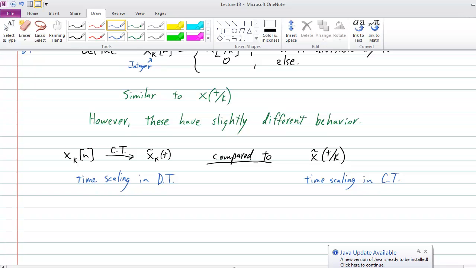Let's look at some, well, one in particular, a self-similar Fourier transform.